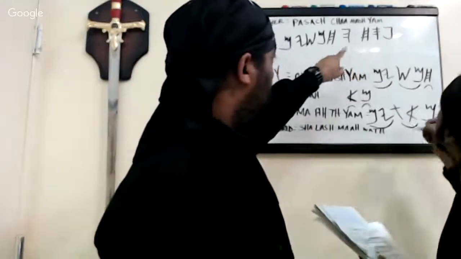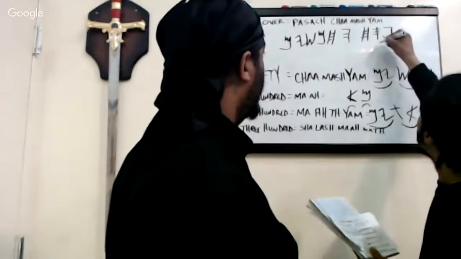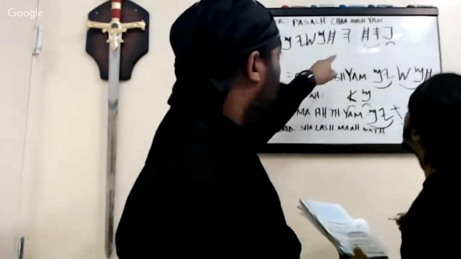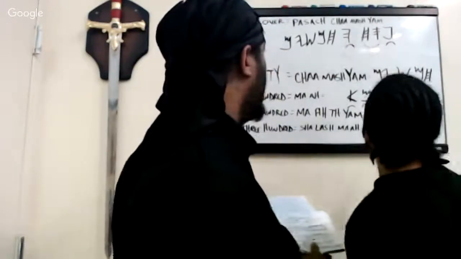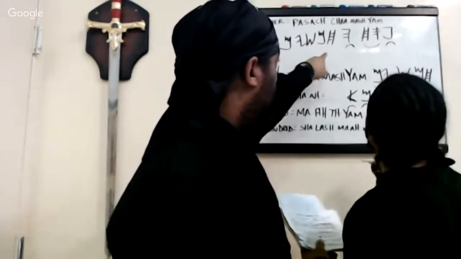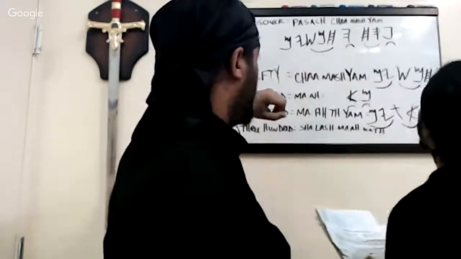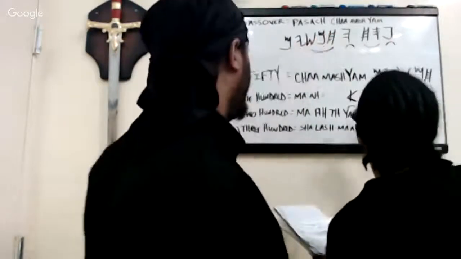Pesach, which is Passover. Ha, which is God. And Chamash, which is 50. Cha, no, erase that. There's no connector for Cha.